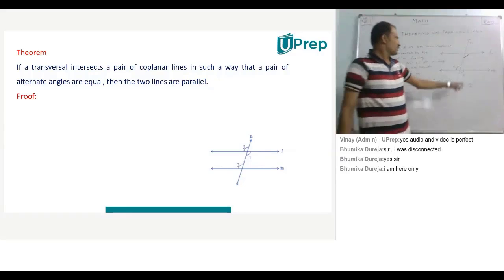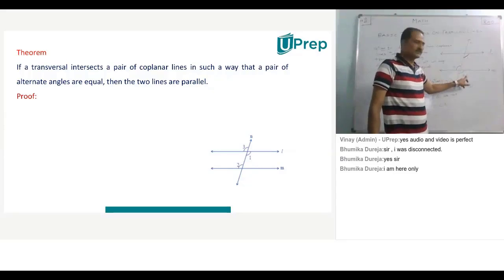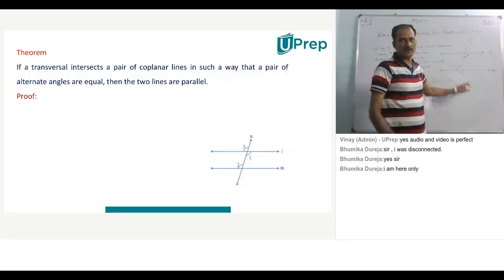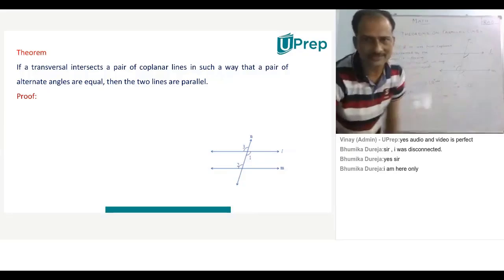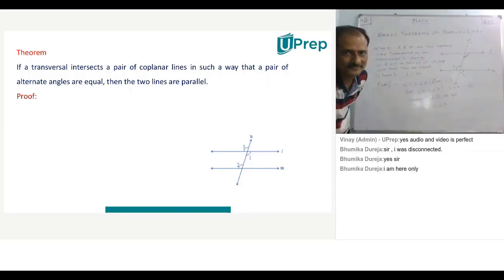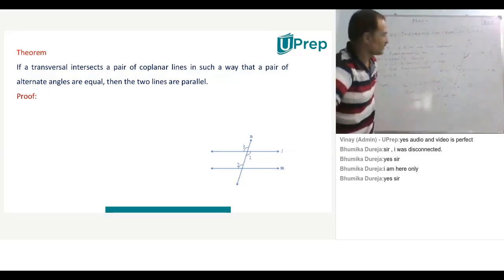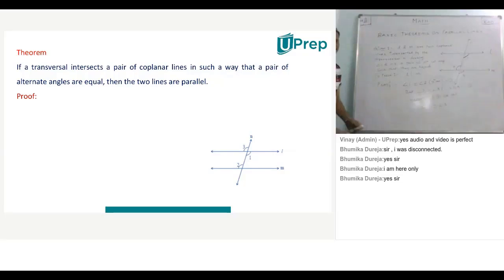But these are corresponding angles and they are equal. Hence the lines are parallel. Khalas. Okay na? Understood? Yes, sir. Great. Copy, make it fast.